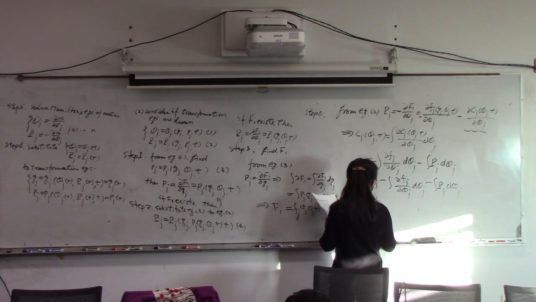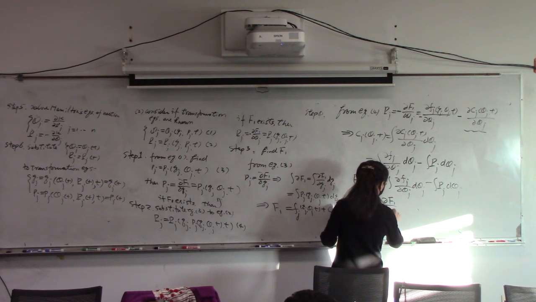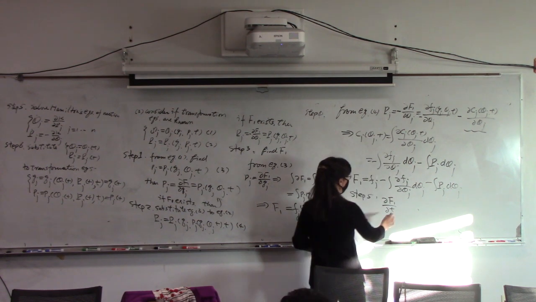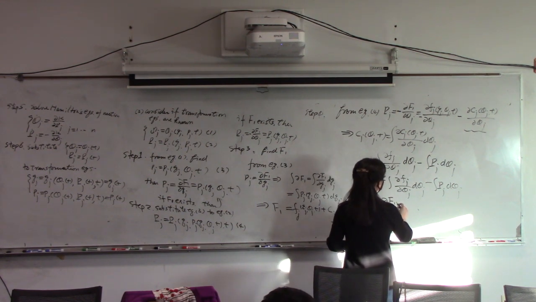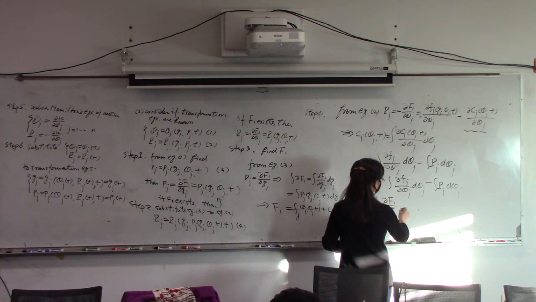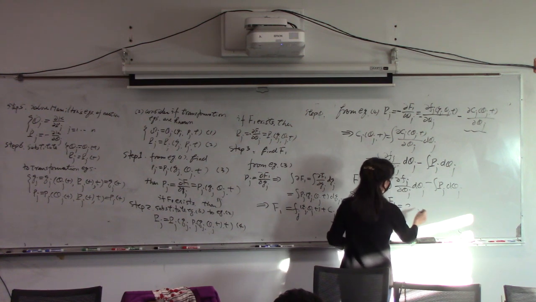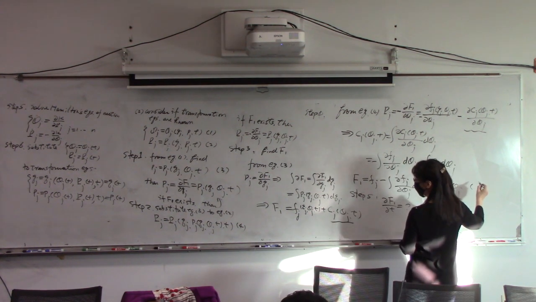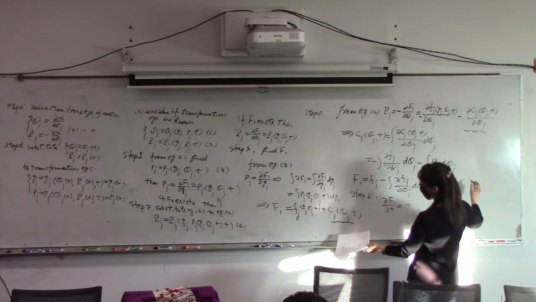This has more steps than the previous case. If you know f1, it is simpler than this case. So now you are going to calculate partial f1 partial t. Call this equation 5.